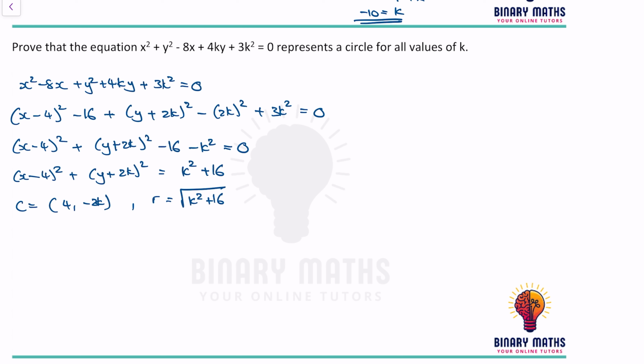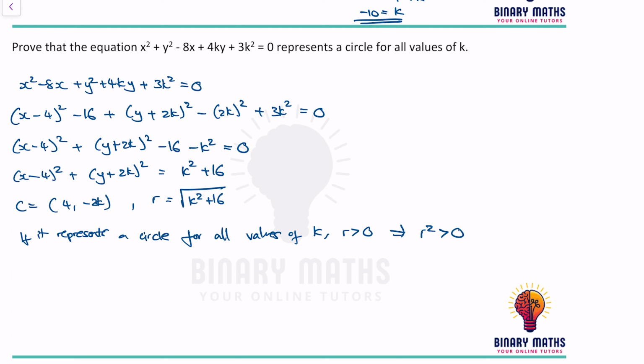Now if it represents a circle for all values of k, then r must be greater than 0, which implies r² must be greater than 0. So we have to show somehow that r² is always greater than 0.